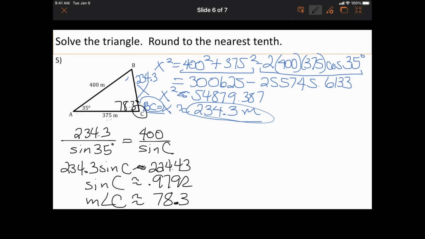So using that, I'm now going to find angle B. That will find me angle B. So 180 minus 35 minus 70.3. Maybe I'll write it this way.